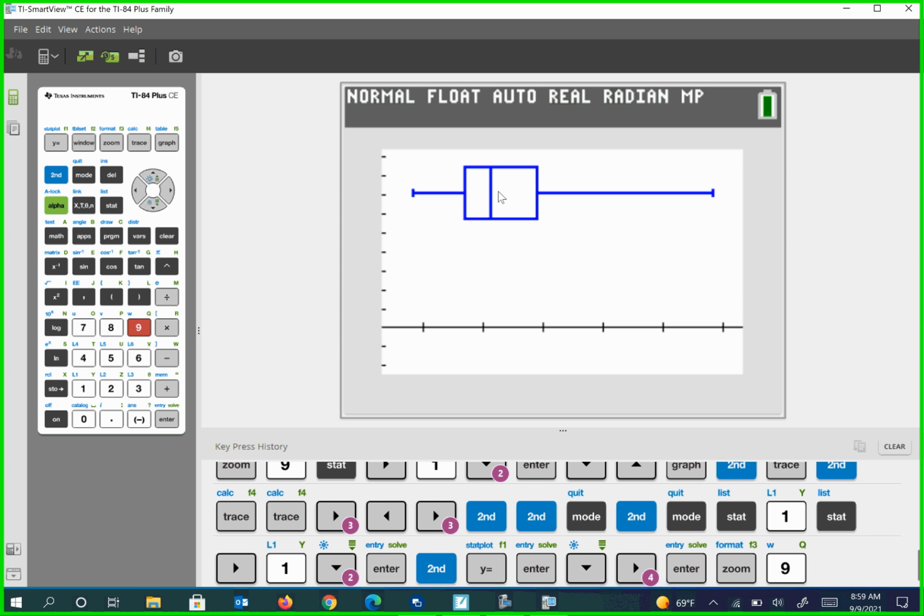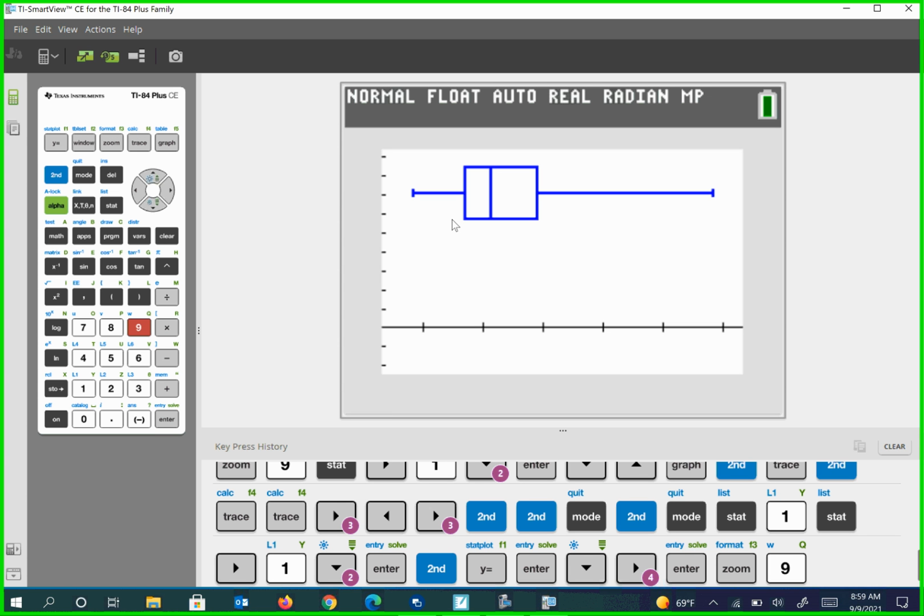25% of my scores fall within this region here. We don't know what the region is, but I know that 25% of my scores fall there. 25% fall in this rectangle, 25% fall in this square, and 25% fall within this region. So half your data, this line here, half is below, half is above. The middle 50% of your data, your IQR, your interquartile range, is here.